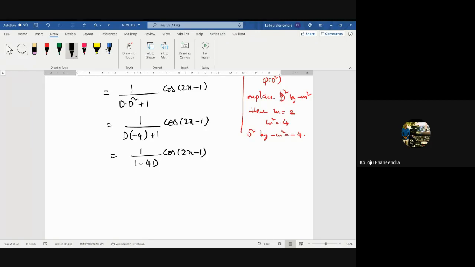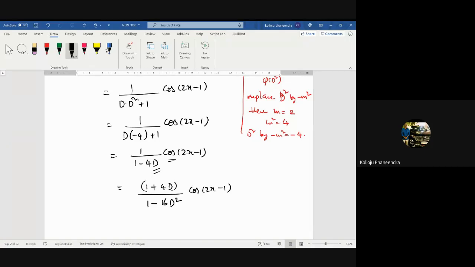But what is the actual aim of the particular integral? I have to eliminate these D terms. Still D terms are there. The function here is cosine, and to operate on cosine I replace D² by −m², but D² terms are not here. So to get D² terms, let us rationalize this. This is cos 2x − 1. Got it?